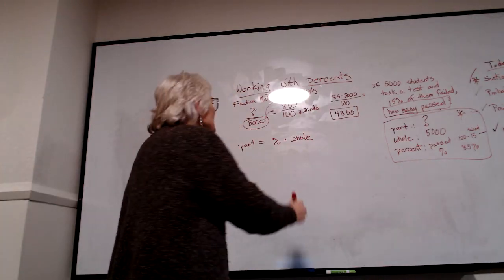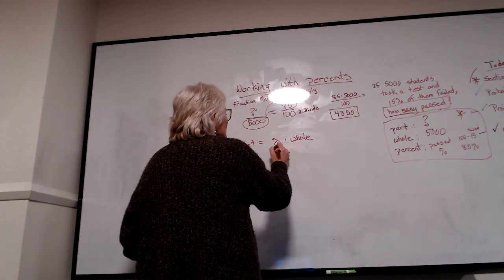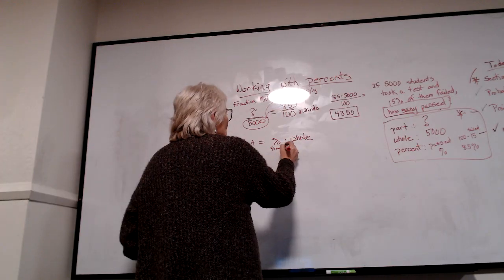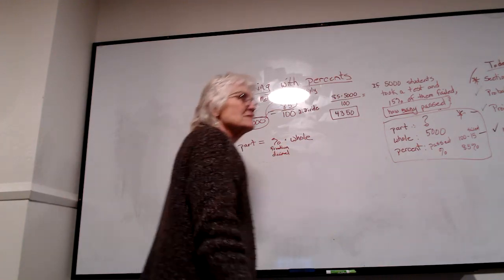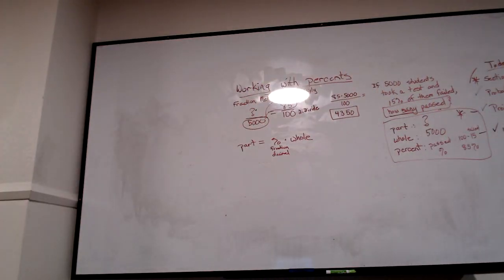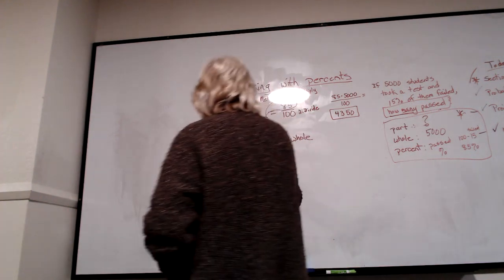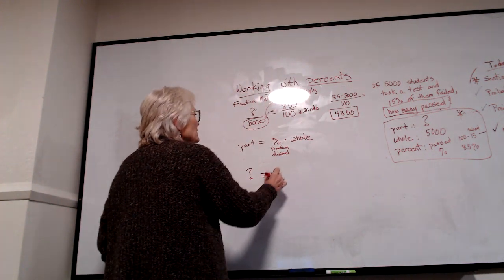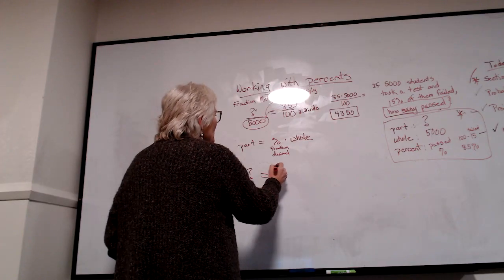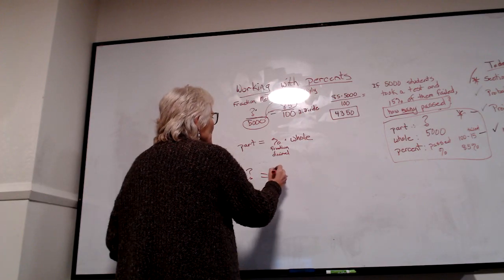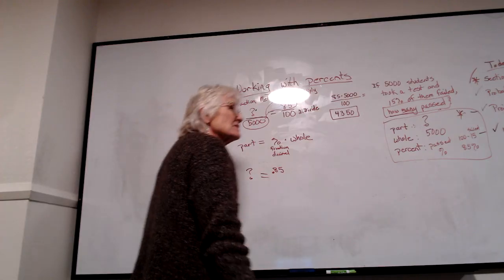This percent, you can write it as a fraction or as a decimal. It doesn't matter, okay? So in our problem right now, are you guys watching? We know the part is our question mark. So I'm just going to put question mark equals my percent, which is 85%. I'm going to use that as 85 or 0.85. I'm going to put it as a decimal.